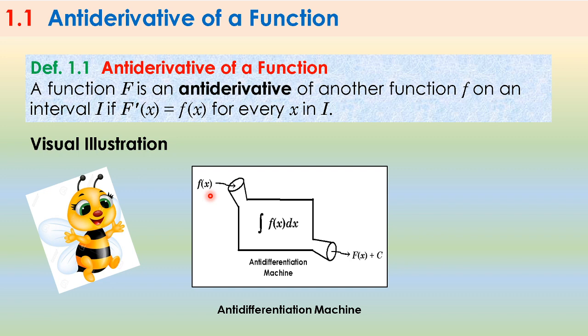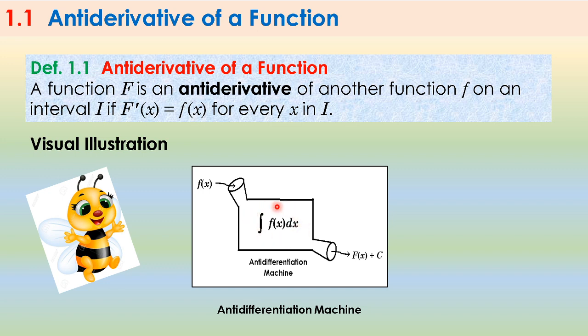The derivative denoted by small f of x enters the machine as an input. Inside the machine, it is trapped between the integral sign and the differential of x.